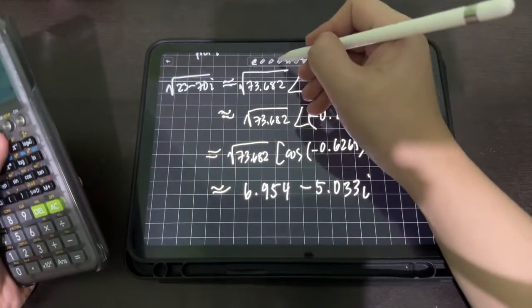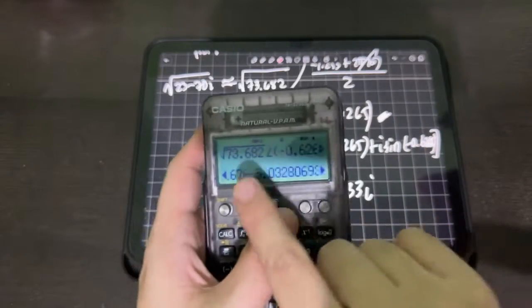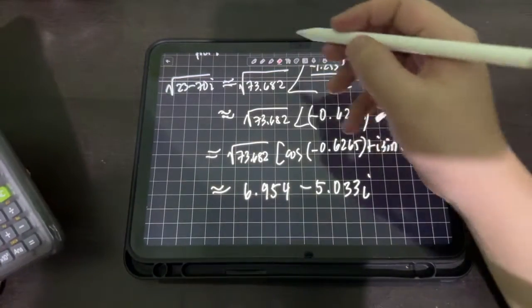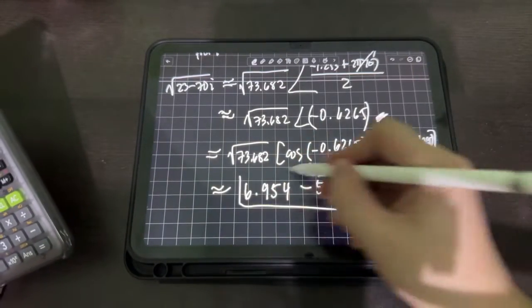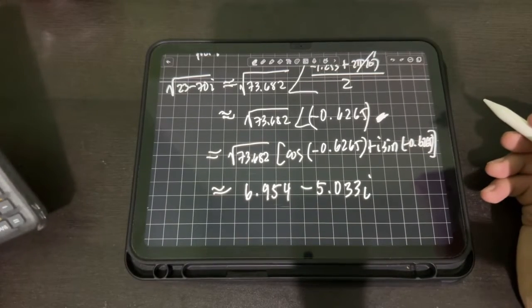Sorry, I think I inputted wrong values the first time. Okay, so this is the principal square root.